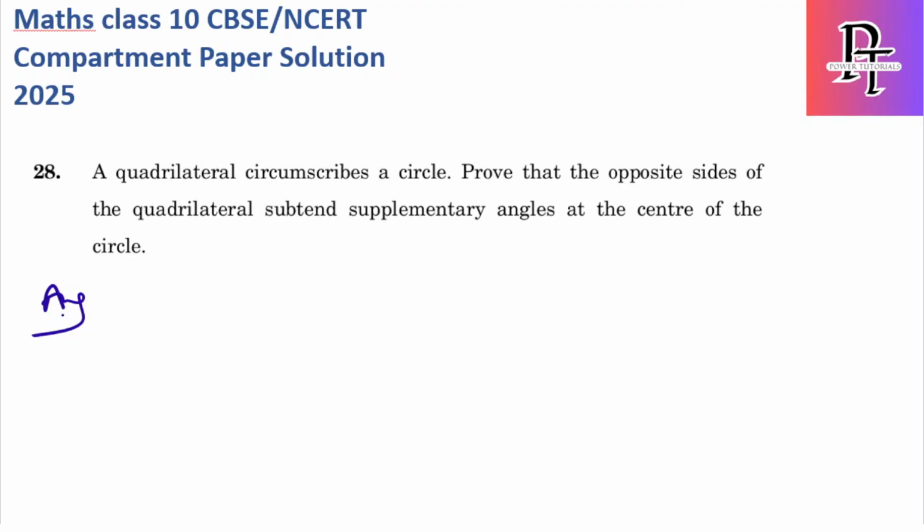A quadrilateral circumscribes a circle. Prove that the opposite sides of the quadrilateral subtend supplementary angles at the center of the circle. Okay, this is a little interesting, but the same type of question can also come related to tangents from an external point.